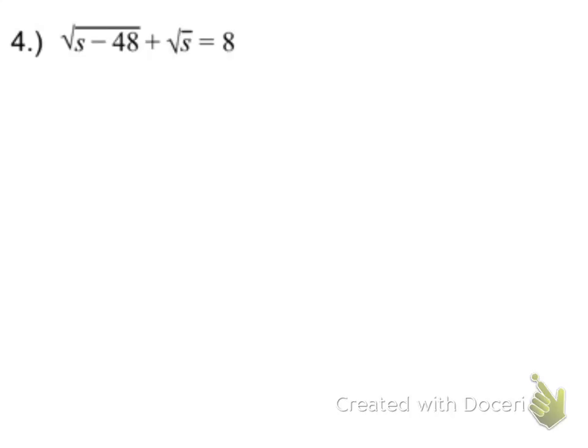Before it was isolate, now separate. So I am going to subtract the square root of S from both sides. Is that okay? It's mathematically legal, right? S minus 48 equals 8 minus the square root of S.